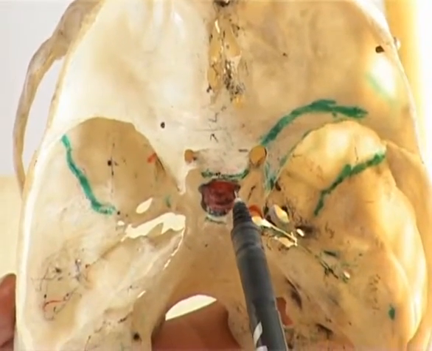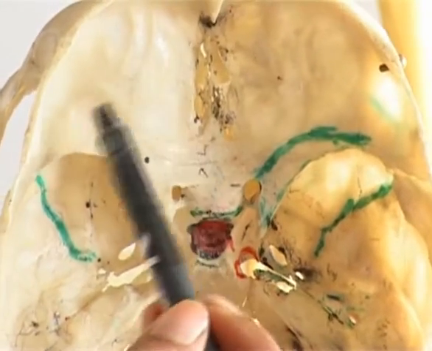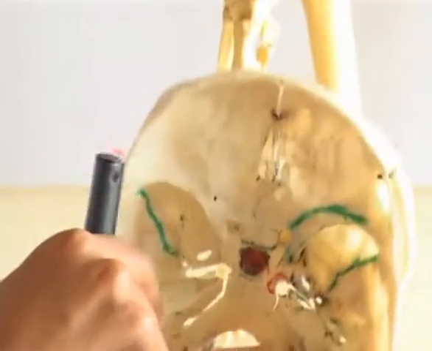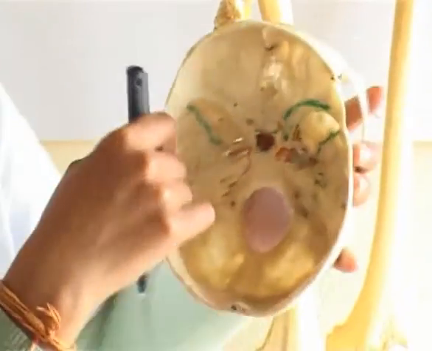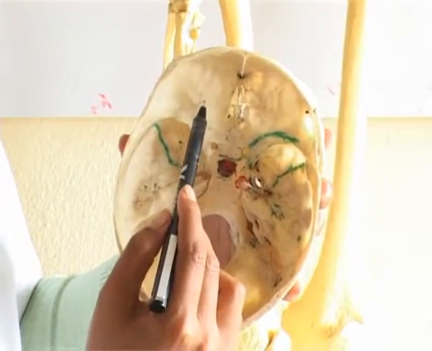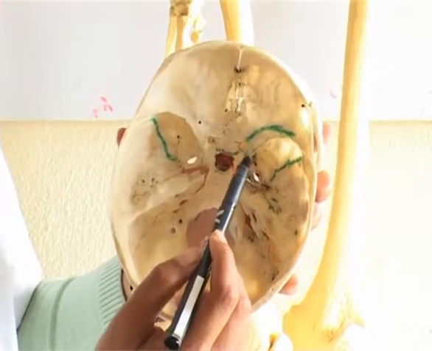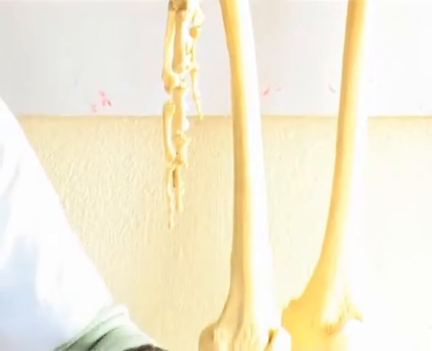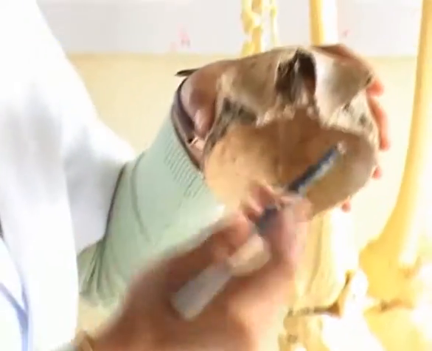Orbital plate of frontal bone separates the fossa from the orbit. Orbital surface of frontal lobe of brain lies on this plate. Medial margin of orbital plate covers the ethmoidal air cells.